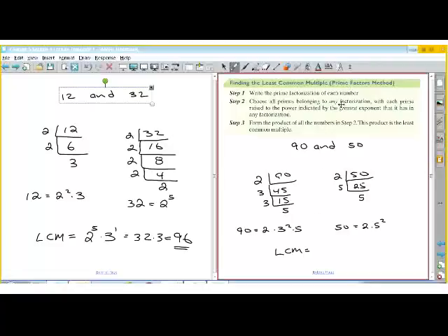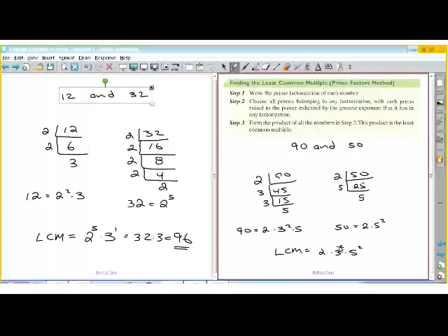So this is kind of equivalent to the first method that we did for greatest common factor. What you would do is, you see I've got the prime number 2, the prime number 3, and the prime number 5. So those are in either one of them. And then I pick the largest exponent. Well, 2 and 3 are both to the first power, so that's fine. The largest exponent for 3 is 2, because only one of them has it.